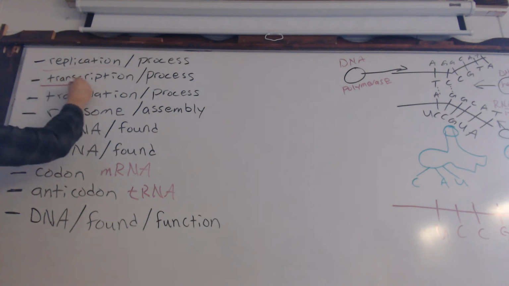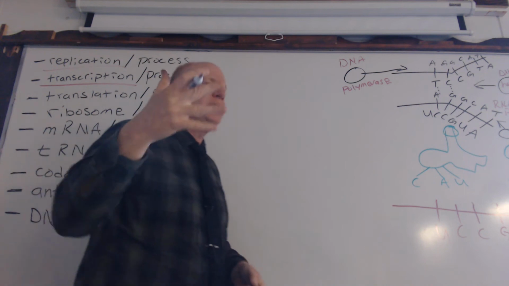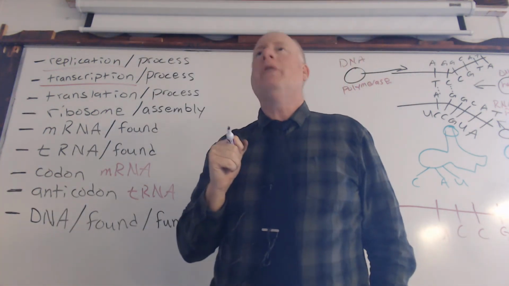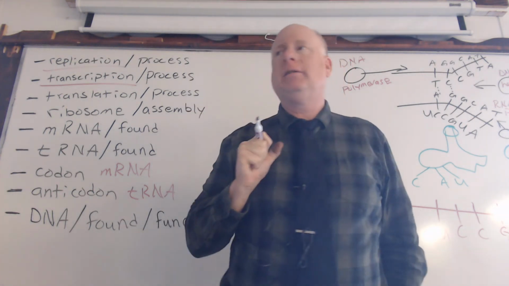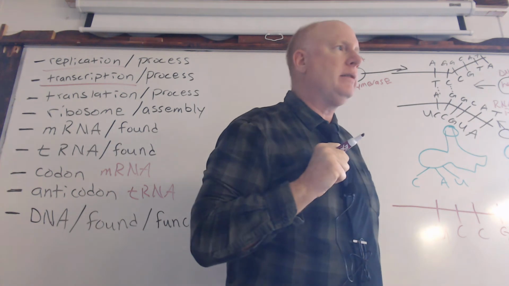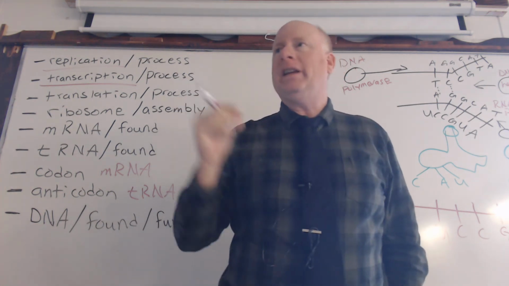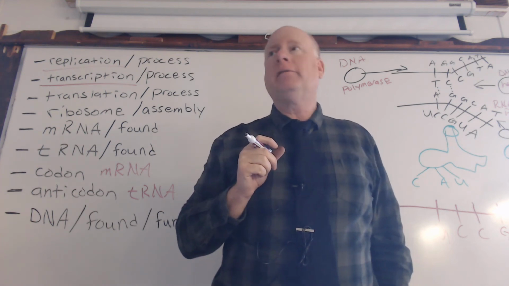Well, what about transcription? Is that process taking place? What does a scribe do in transcription? Reads it. So what is being read? The DNA is being read. Okay? What is doing the actual reading? Okay, do we see messenger RNA up there?